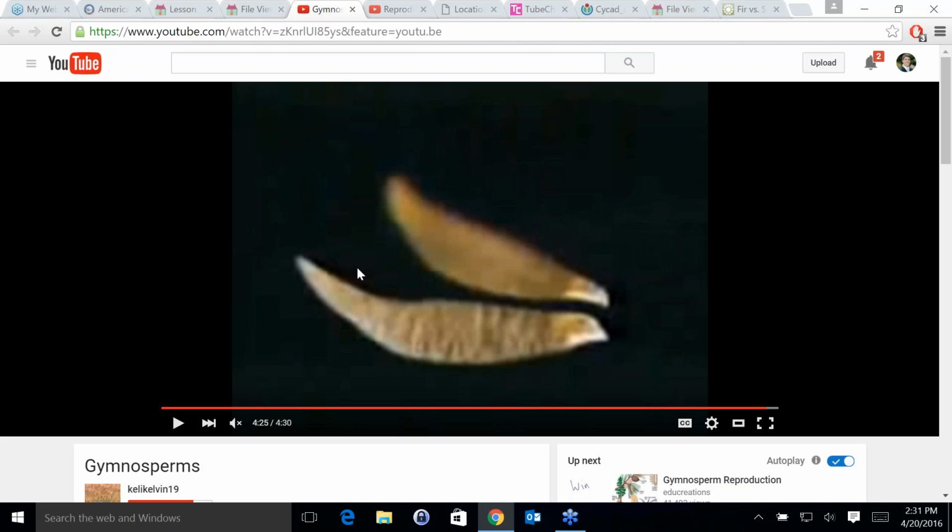The gymnosperms are very dry, so they are able to reproduce in places with less water. Okay, that is also an important characteristic of the conifers and the gymnosperms.